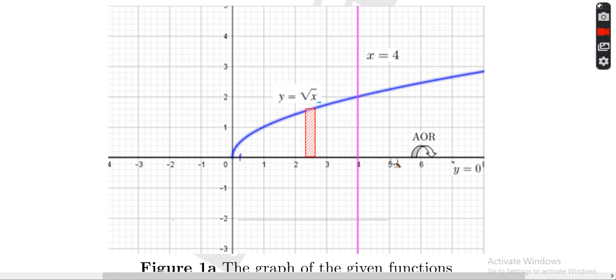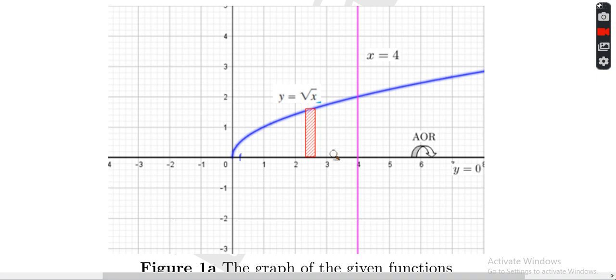So, clear tayo doon. Kasi kung hindi, this method ang ating magagamit para ma-solve yung problem. It can be washer method, or it can be cylindrical shell method.